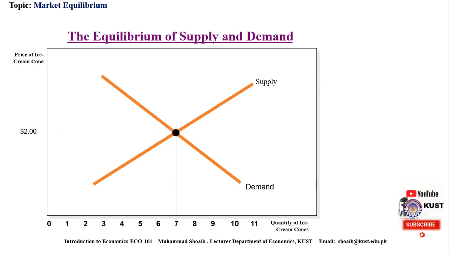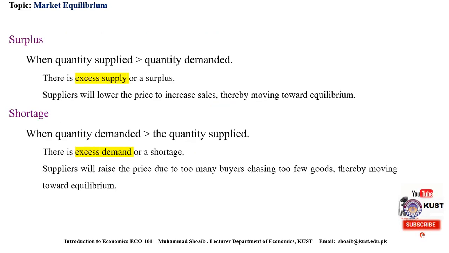At $2, 7 units of the commodity are demanded. So that is basically the equilibrium position. The point of intersection of the supply curve and the demand curve is the equilibrium in the market. $2 is the equilibrium price and 7 units are the equilibrium quantity from the graph.